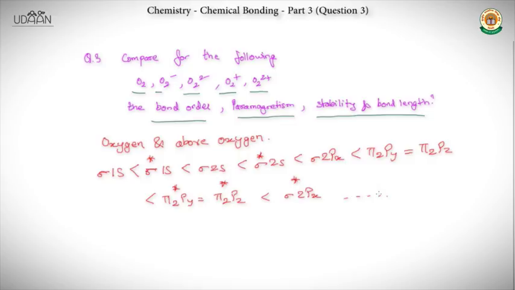Okay, so now that we have it, how about we start allocating the 16 electrons that oxygen has in it? As we know, oxygen has 16 electrons, and all the orbitals like 1s will occupy 2 electrons at a time.